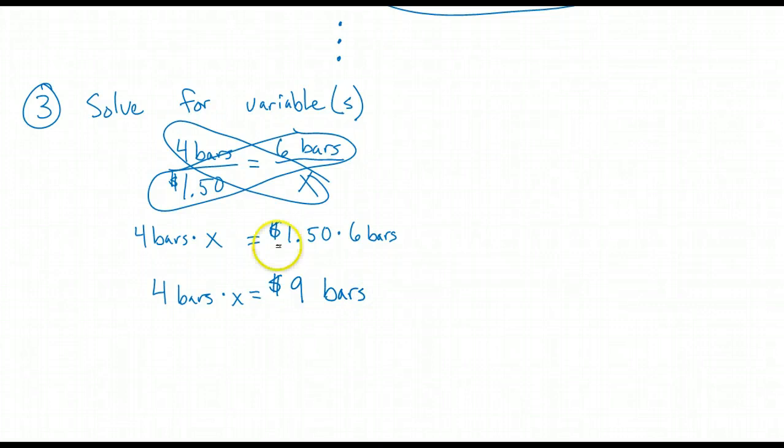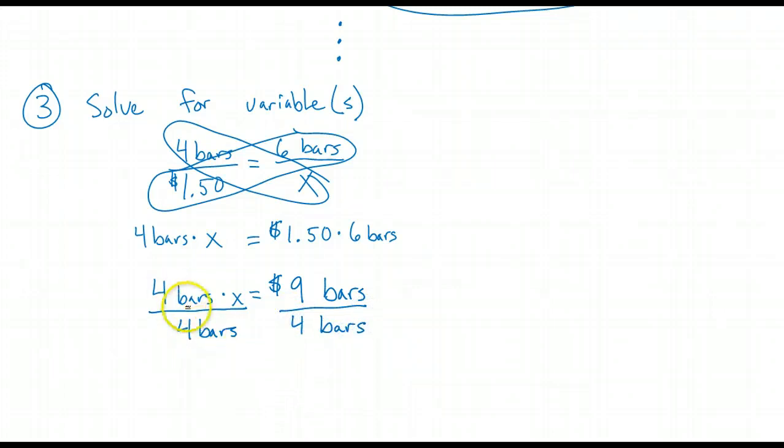Now I wrote that kind of weird because I still have my dollar sign and I still have my bars. Now I need to solve for this x by dividing by 4 bars. 4 bars divided by 4 bars is 1. 1 times x is just x.